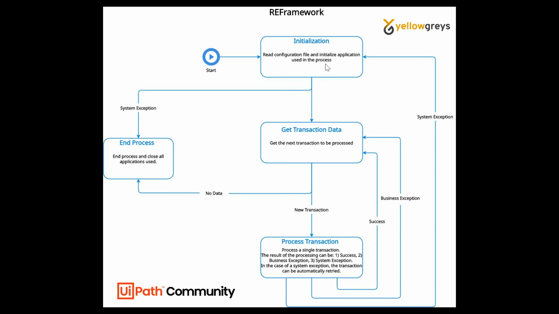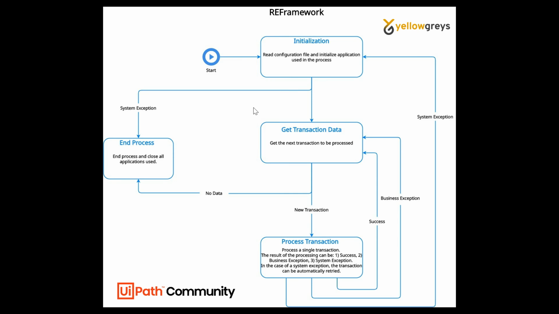Later, if there are no issues while initializing the applications or reading the configuration file, if everything is successful, it goes to the get transaction data stage. This stage is connected with the UiPath queue, where it gets the transaction item and then moves to process transaction.